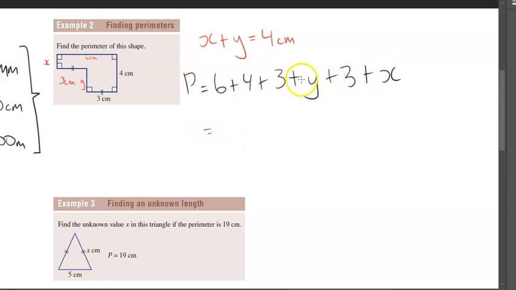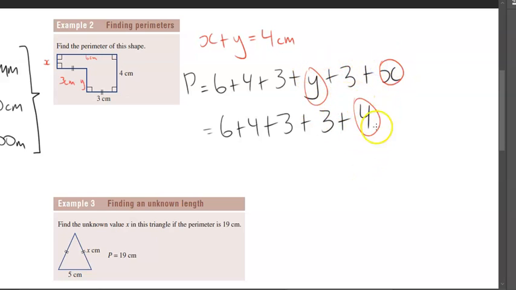Now again, this y plus x, or x plus y, is 4. So 6 plus 4 plus 3 plus 3 plus this 4. So remember that we know that x and y added together will give me this 4 here. So this is where that 4 comes from. Every other number is just added together.